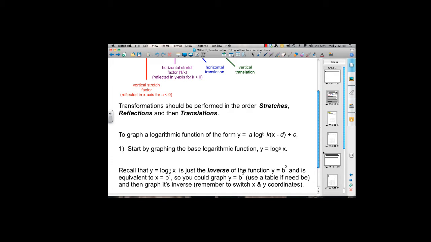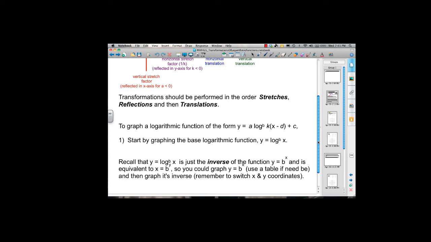To help you with that first step, recall that any log-based function is in fact just the inverse of some other exponential function of the form y equals b to the power of x. So you may want to start out by graphing, or at least visualizing, some points of the exponential function that you're trying to take the inverse of, and then actually produce the log graph you need.